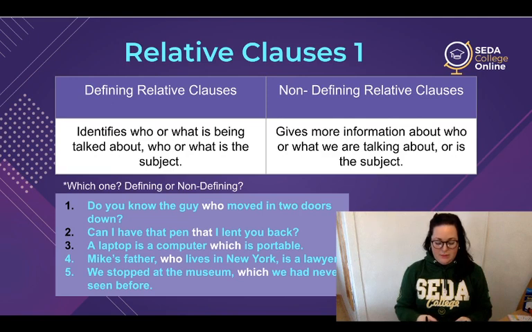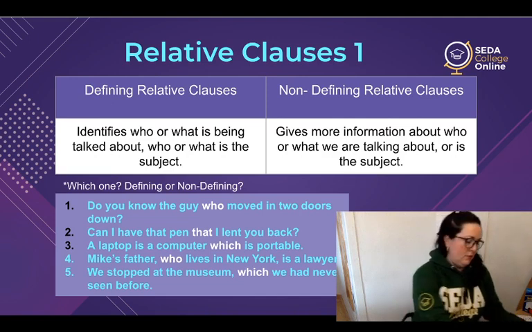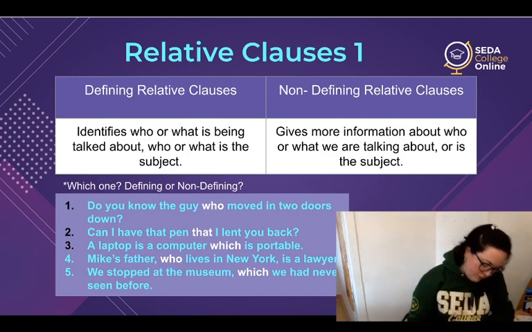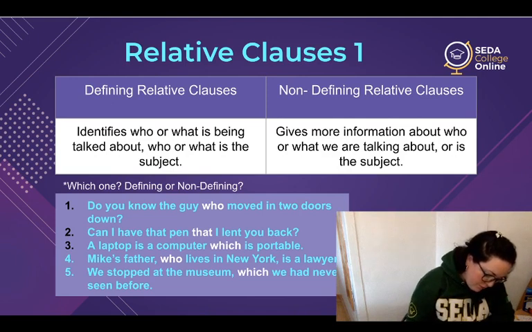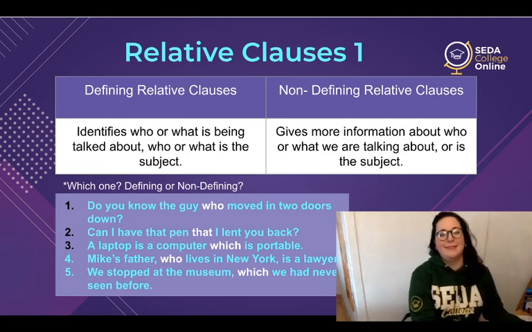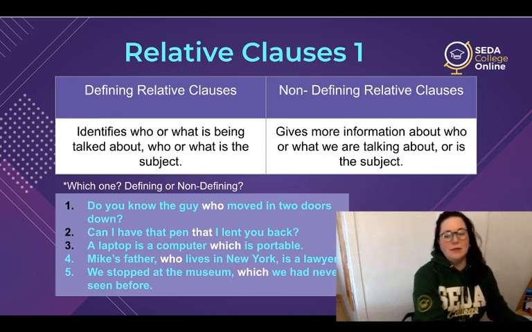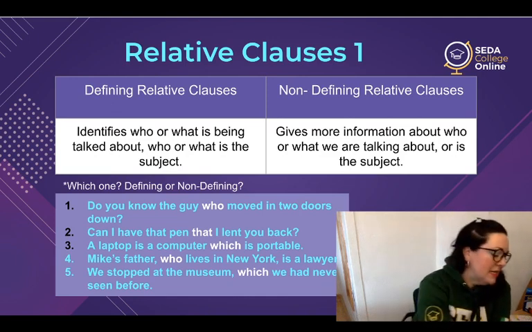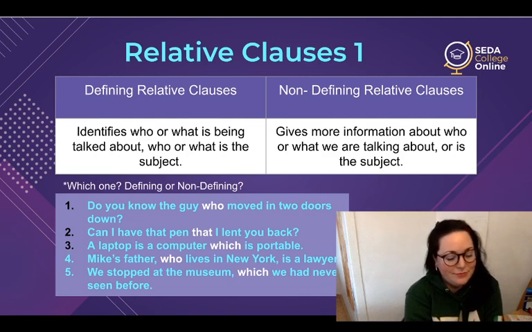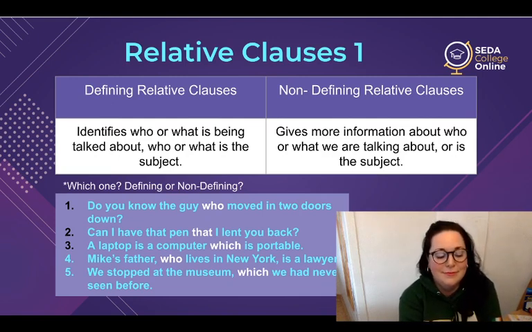Restart the music. Okay. You got this, guys. Good activity for you to practice.